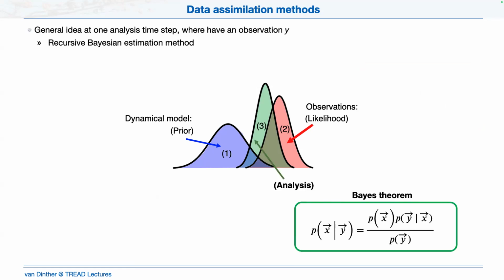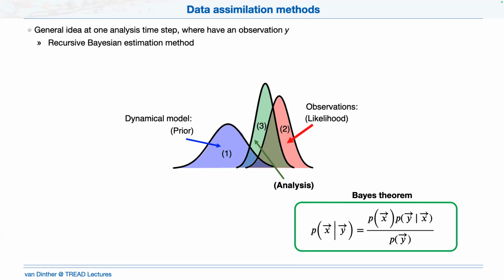Data assimilation is essentially a recursive Bayesian estimation method, so we use Bayes' theorem here. You calculate the posterior probability, shown in green, of the state x, given a certain observation y.